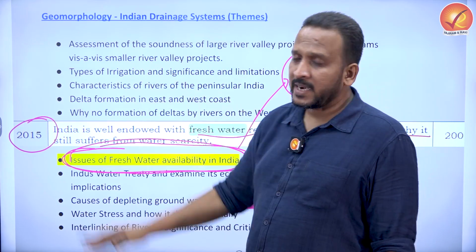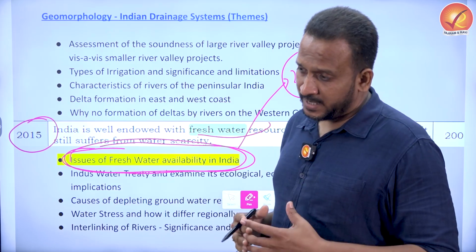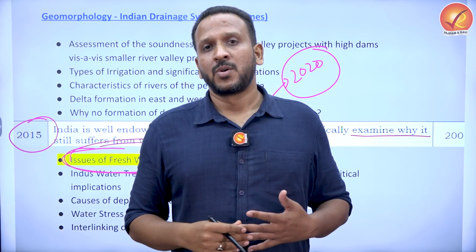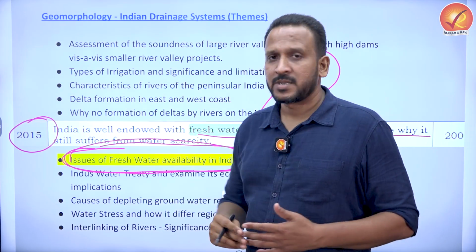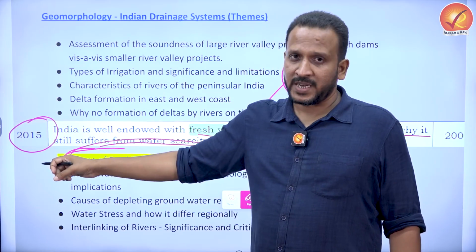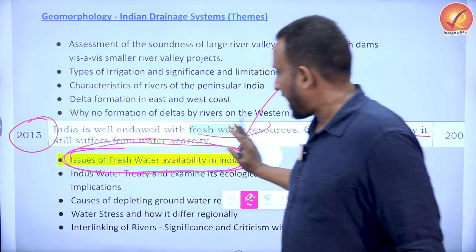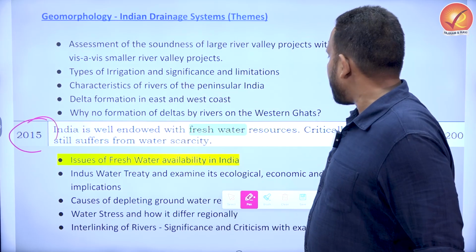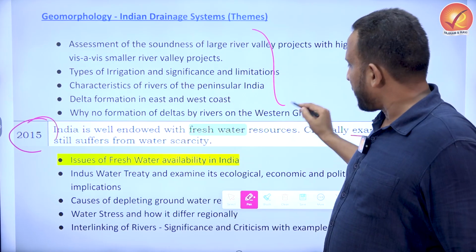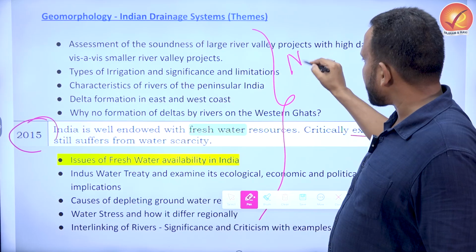I have not even looked at what was the question UPSC has asked in 21, 22. But still, I am able to decode these questions. 2015 का question है, and from that I have prepared the theme, issues of fresh water availability in India, right? So I have made notes on all these themes, right?